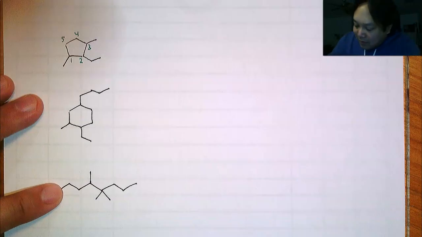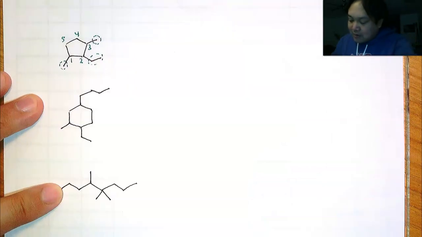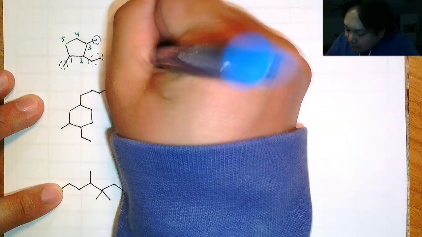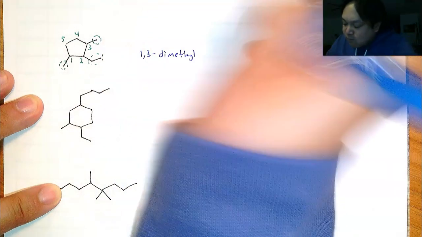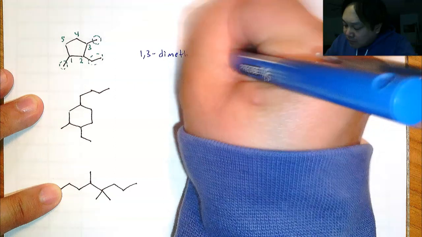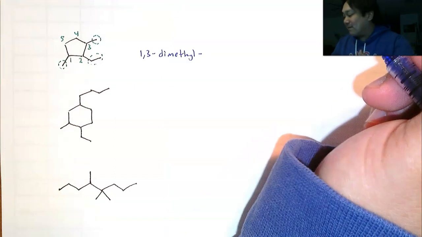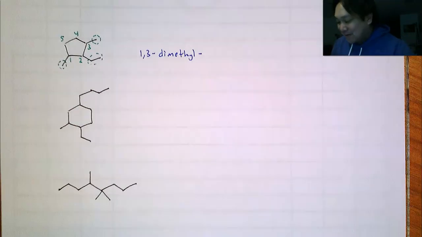Okay. No shortcuts, circle the substituents. Right after I said no shortcuts, I tried to do a shortcut.